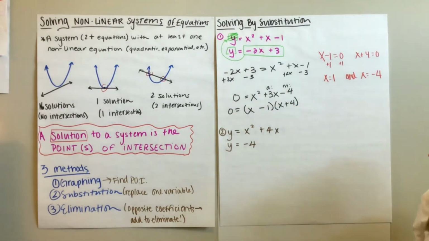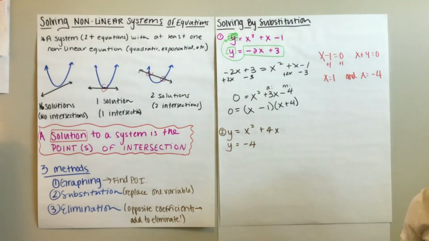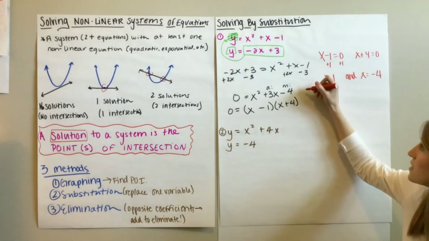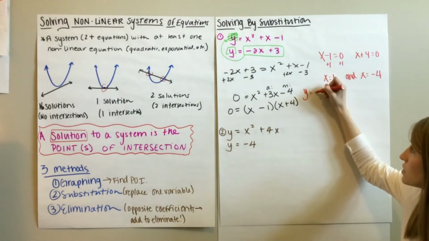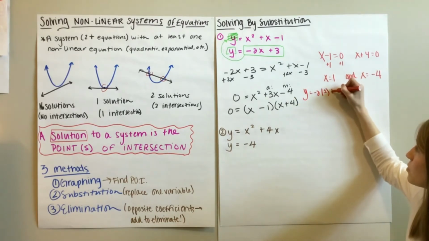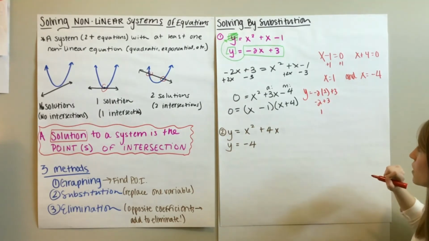So once we've got this, we're going to substitute it back into the equation to solve for y. It doesn't matter which one you choose, so I would choose the easiest one. This is a lot shorter than this one, so we'll plug it into that. So we'll have y is equal to negative 2 times 1 plus 3. That's negative 2 plus 3, which is 1.